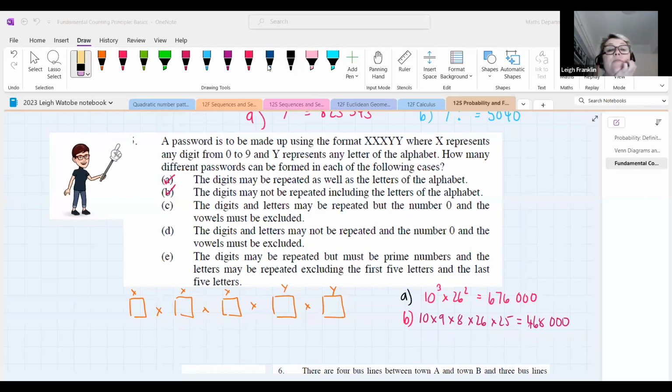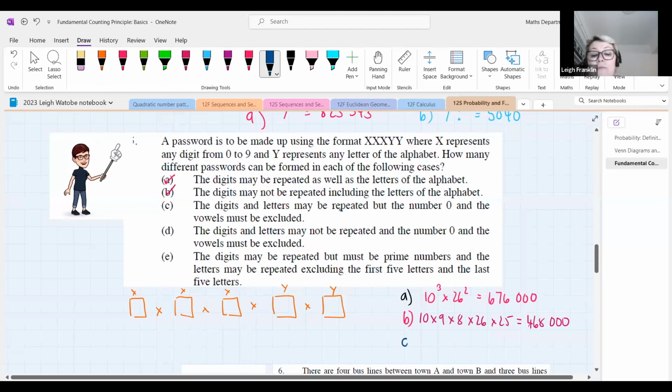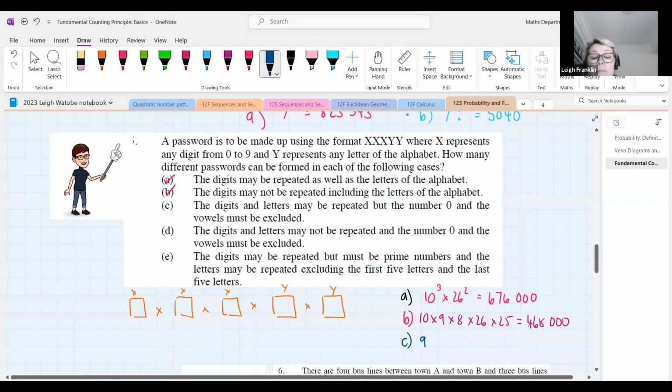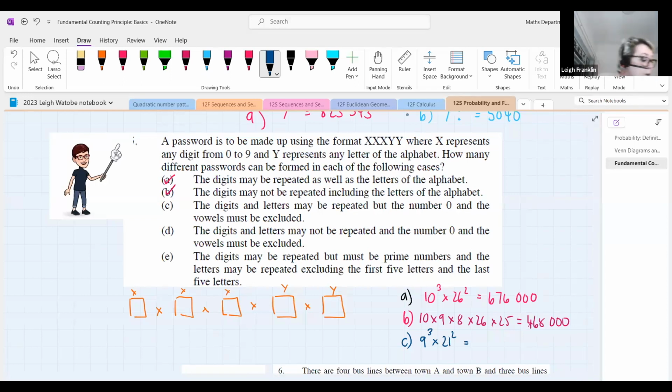And if we're excluding the vowels, how many letters do we have? Exactly, 21. Because repetition is allowed in this case, it would be 9 by 9 by 9, which is 9 cubed, by 21 by 21, which would be 21 squared. Does that make sense to everybody?